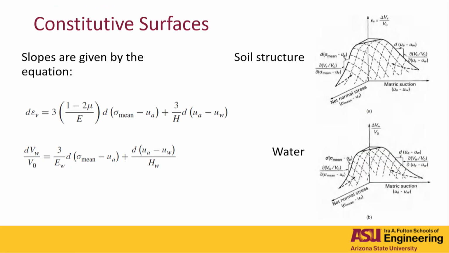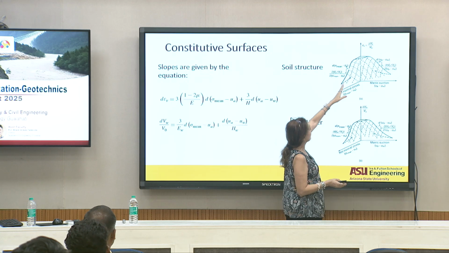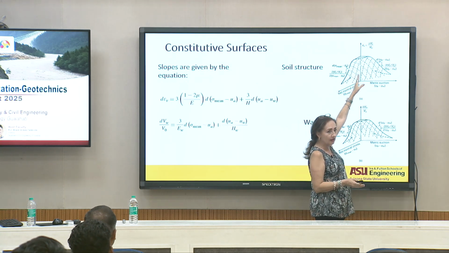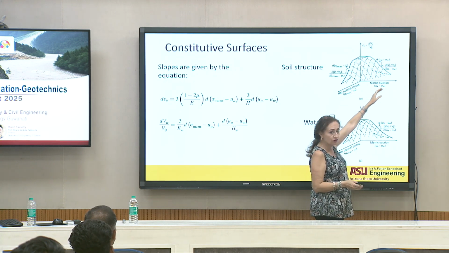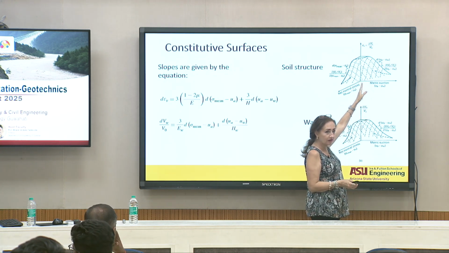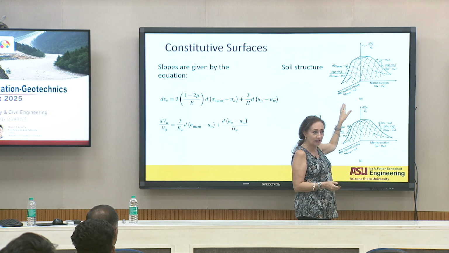So in that case, again, we use a three-dimensional plot analysis to figure out the constitutive surface, right? The slopes are given by the equation that we saw before, the change in strains. So if you check in here, for the soil structure, you have the volumetric strain as a function of suction, and the volumetric strain as a function of net normal stress, right?